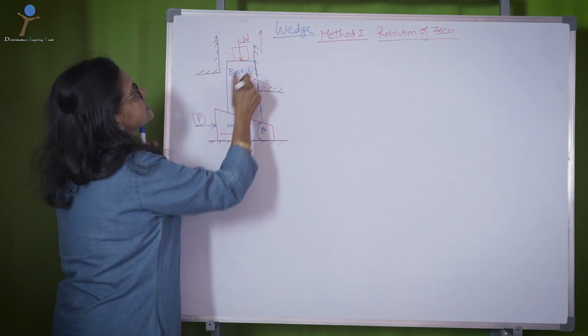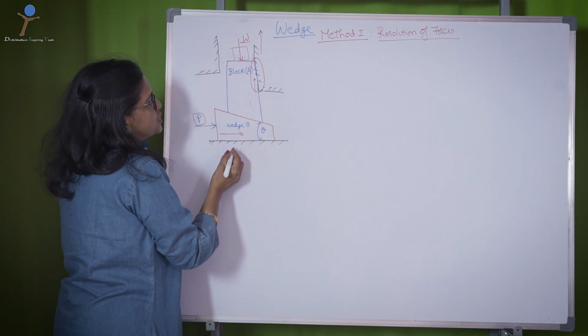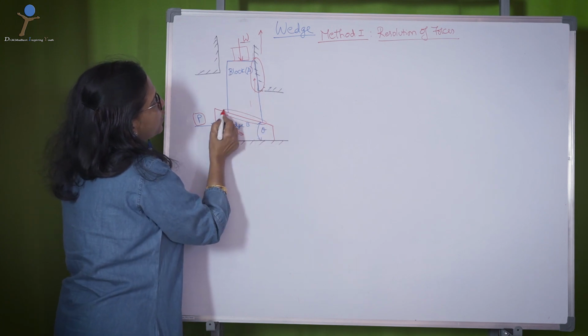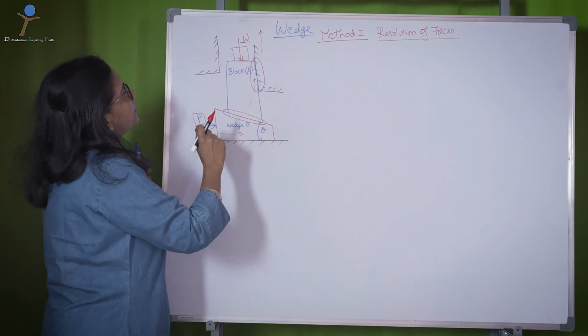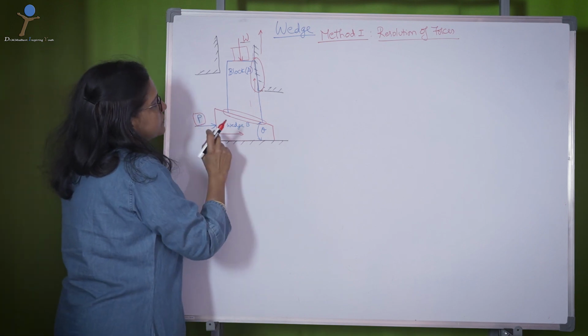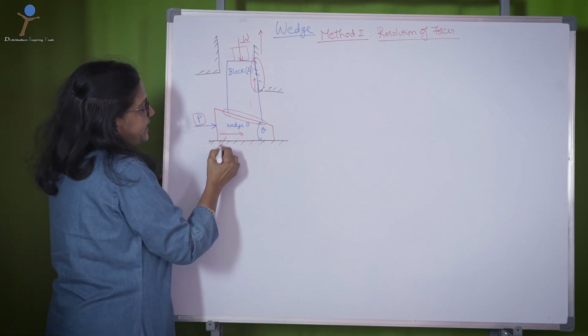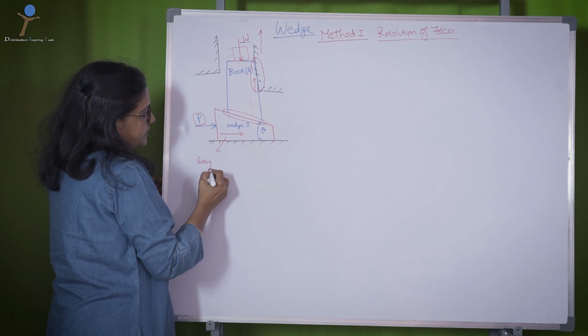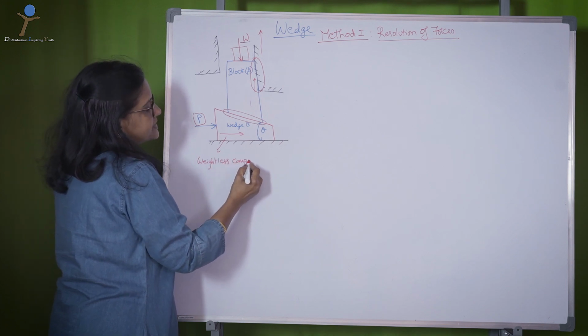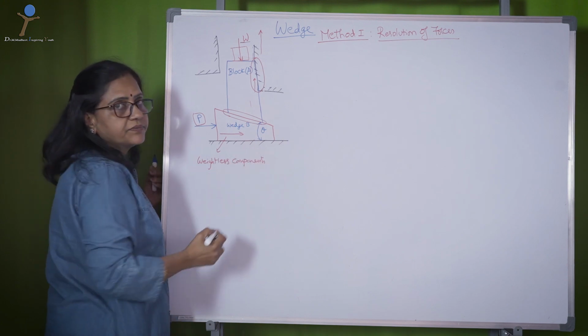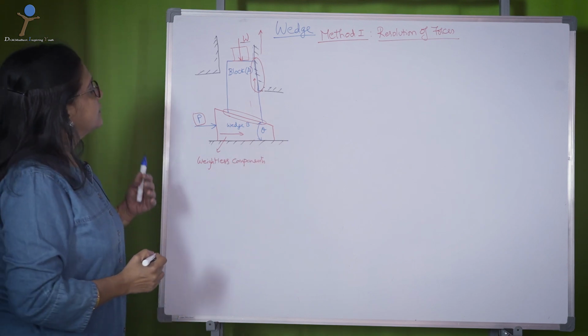One is with the vertical surface, two is with the wedge. Wedges are weightless components, that means negligible weight.